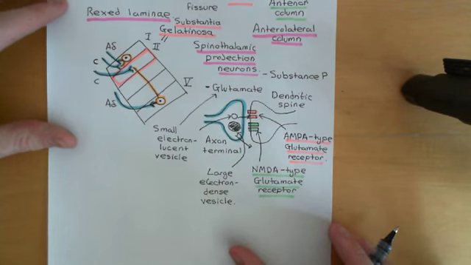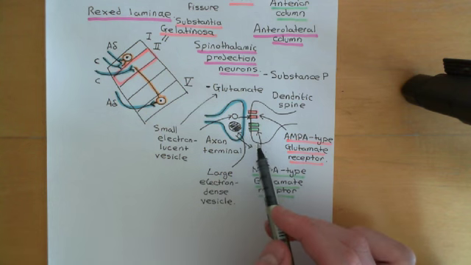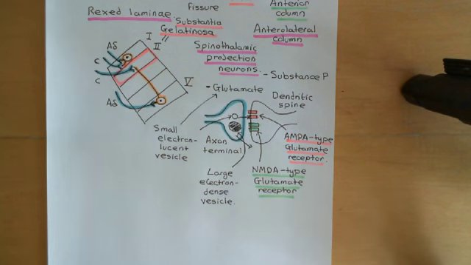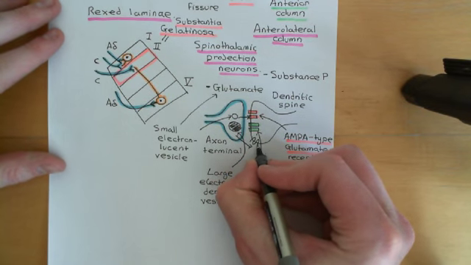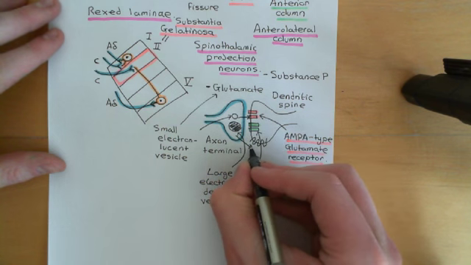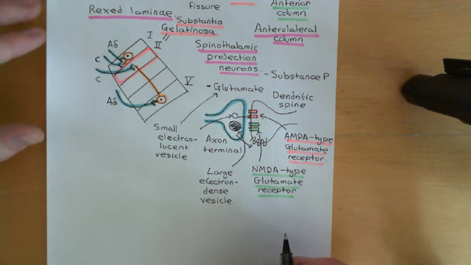Now substance P can act on receptors that are also on the dendritic spines of these spinothalamic projection neurons. But these are not ligand-gated ion channels. Instead, they are G protein coupled receptors, so they have the characteristic 7 membrane spanning alpha helices that I've just tried to show there.